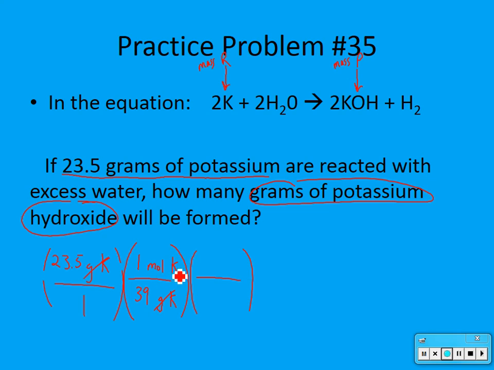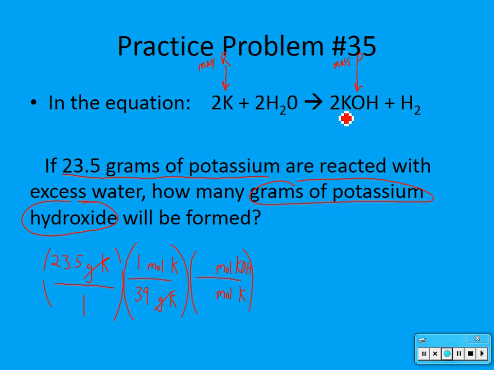If moles of potassium is on top, it's got to go on bottom. The product that we're going to is potassium hydroxide, so that's going to go on top. Now where do I get these numbers from again? The balanced chemical equation. You notice we have 2 moles of potassium and 2 moles of potassium hydroxide.